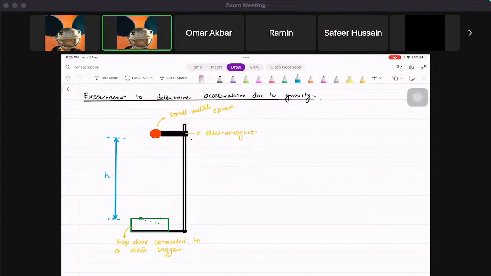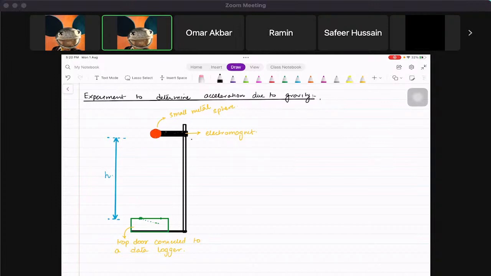Now, when this object falls, it will take a certain amount of time to hit the trapdoor, and then as the trapdoor opens, it will calculate the time between the release of the magnet till it opens the trapdoor, so automatically it will be calculated, right?